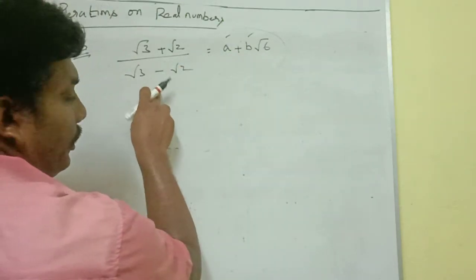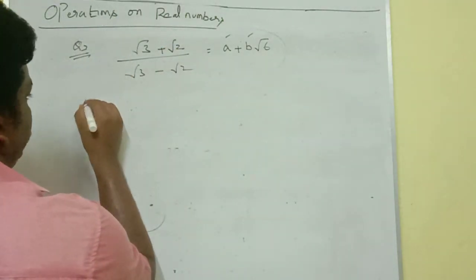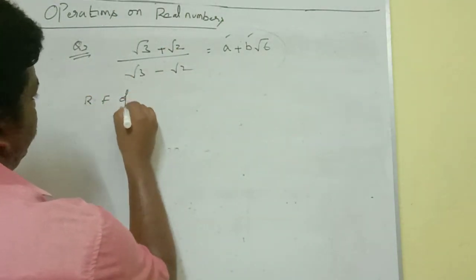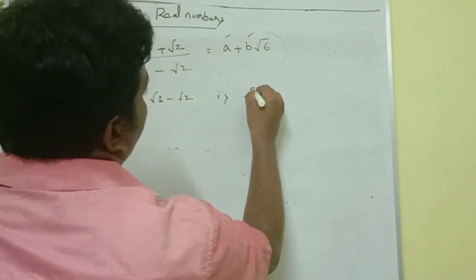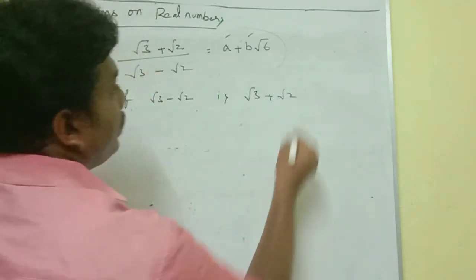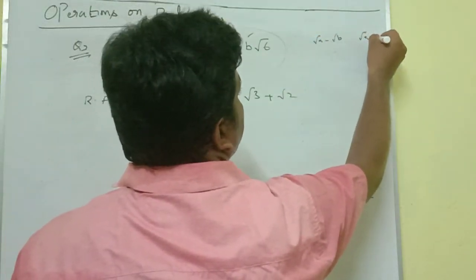That's the reason why we are going to rationalize the denominator. So here the RF of root 3 minus root 2 is root 3 plus root 2. We know that for root a minus root b, the RF is root a plus root b.